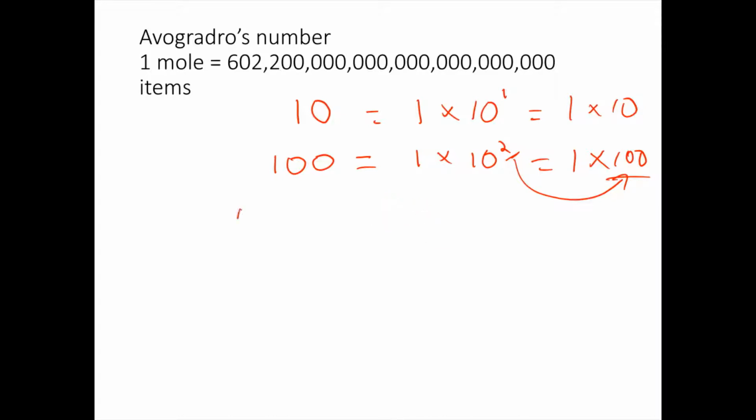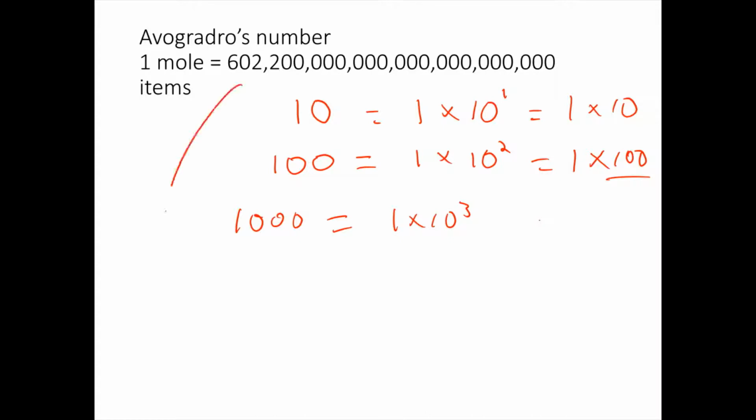Let me just do one more. 1,000 is 1 times 10 to the power of 3. And this is the same thing as 1 times 1,000. And it's the same thing as taking 1 and jumping 3 times and putting 3 zeros on it. So when I read scientific notation, I take this number and jump to the right this many times, adding zeros.